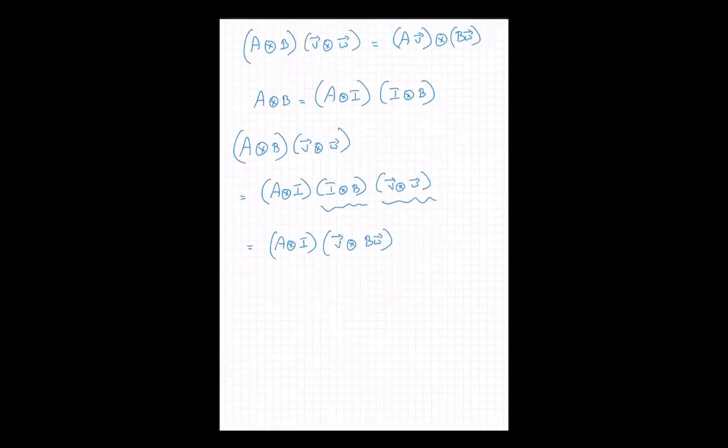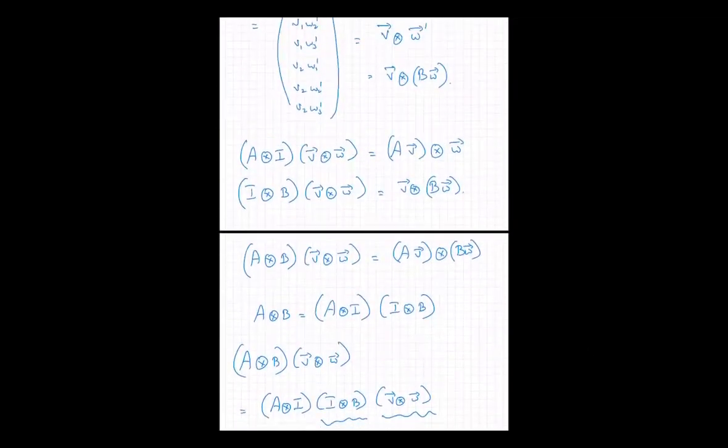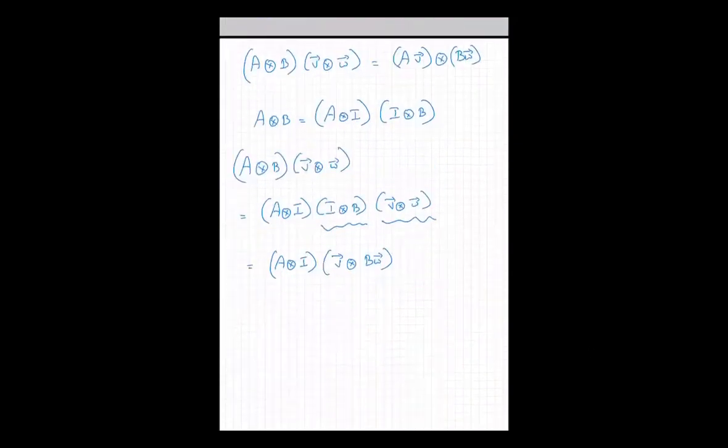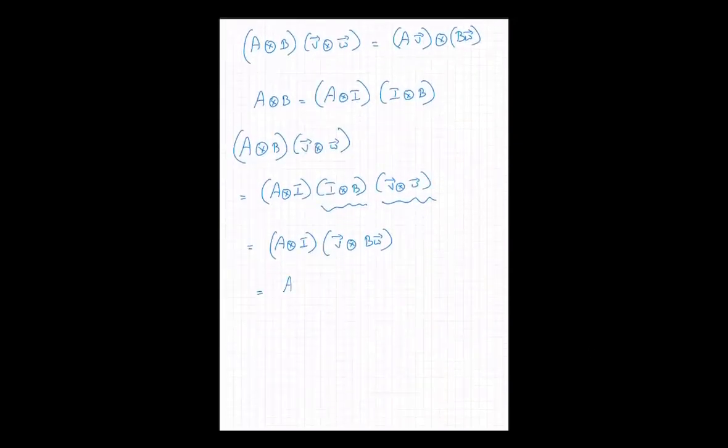But we also know what A cross I acting on V cross BW is, because A cross I acting on V cross a vector in the second basis leaves the second vector alone and simply takes the direct product of AV times the second vector. So this would be AV direct product BW. And this is precisely what we want.